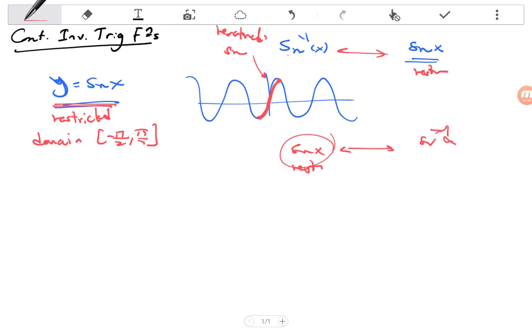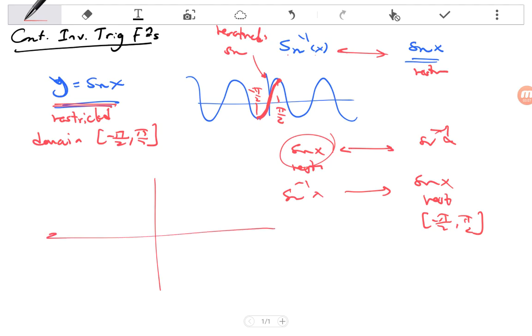Okay. If I asked you what is the inverse of sine inverse x, is it the natural sine x? No, it is the restricted sine x. What is meant by restricted sine? That it has a domain from minus pi over 2 to pi over 2.